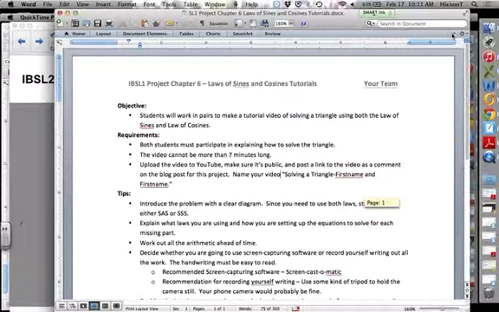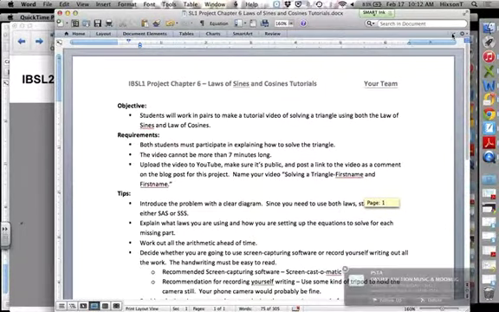But I don't want you just sharing it with me, because I want your classmates to be able to access it as well. Okay? So if you wanted to make it so that it's accessible through the link, then that would be okay. All that does is it doesn't publish it to the general public when people are searching.